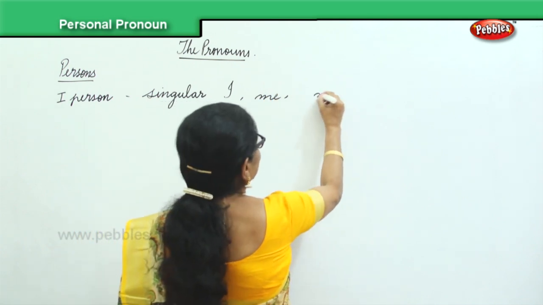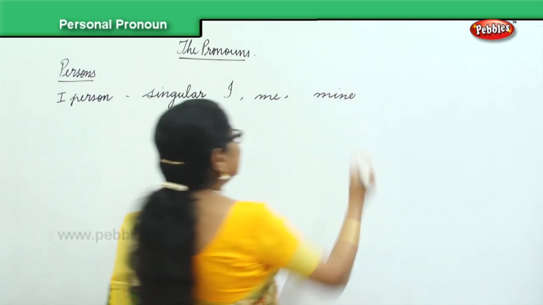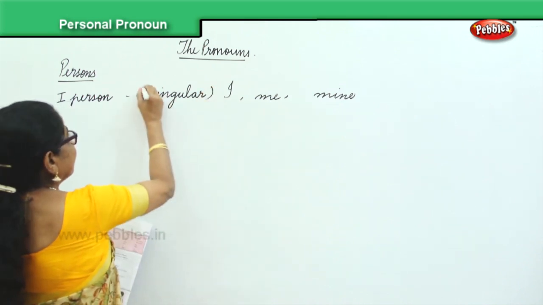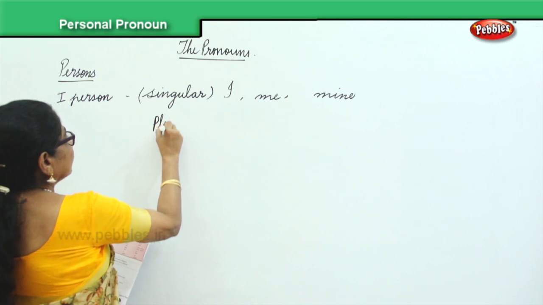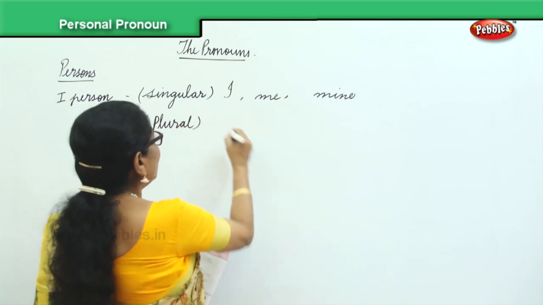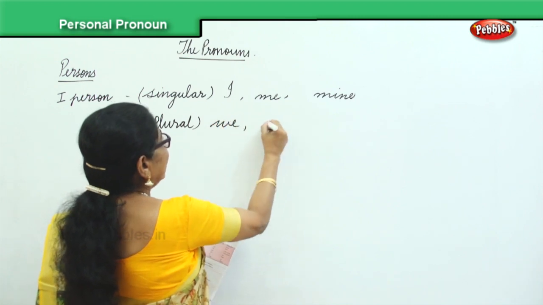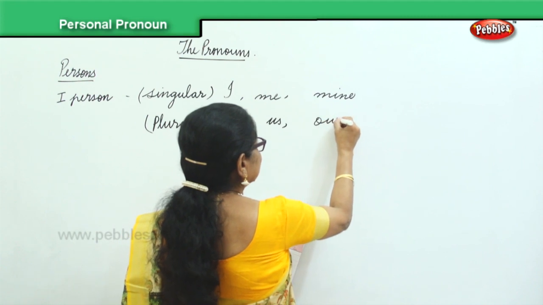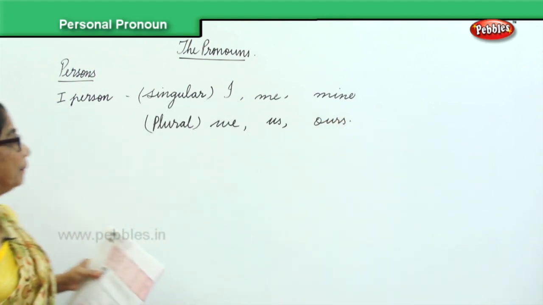Then when you say first person plural, we'll say we, us, and ours. Just for you to remember all this.